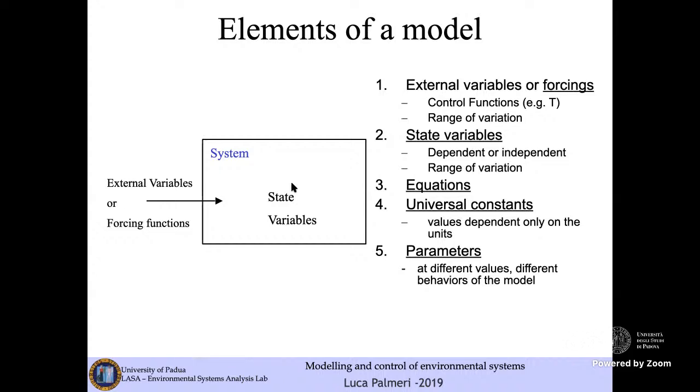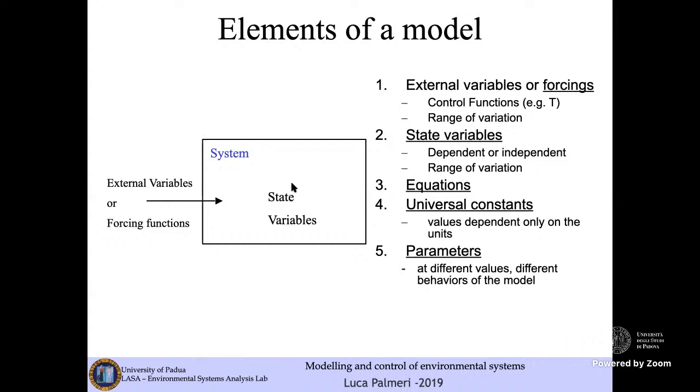Universal constants are parameters or constants that link the various variables, external and state variables, allowing us to put them into the same equation, ensuring that the units employed for describing these variables are consistent with each other.